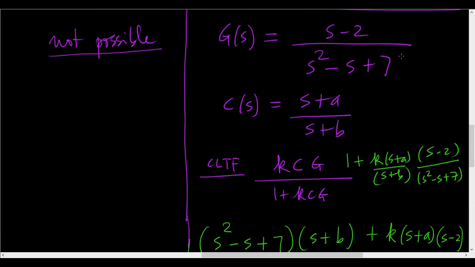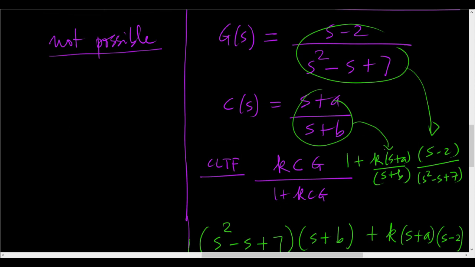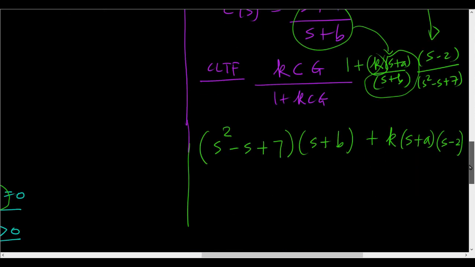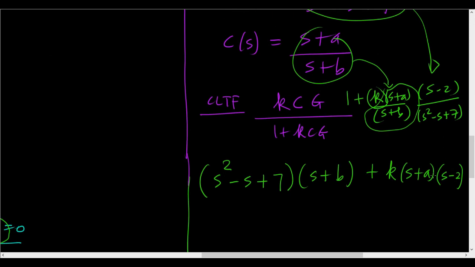This is G, this is C, and that's K. Okay, so now you see I have K, A and B. I can expand this polynomial out. I'll have s cube minus s square plus 7s plus bs square minus bs plus 7b plus etc.